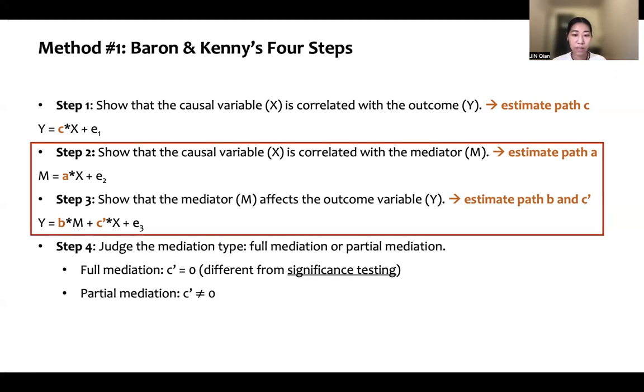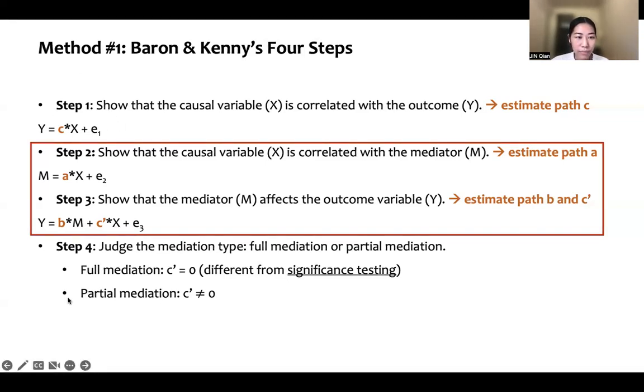If the coefficient is very large but we only have a very small sample size, the coefficient cannot be significant. So here we directly use the coefficient of C prime to see whether it is a full mediation or partial mediation.